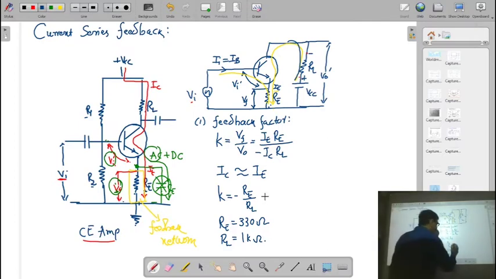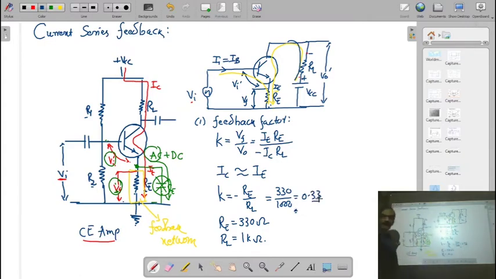Then in this case the feedback factor comes out to be 330 divided by 1000, you can say 0.33, or you can say 33% negative feedback. Here the K is negative, so minus 0.33. So this much amount of feedback is given to the circuit.